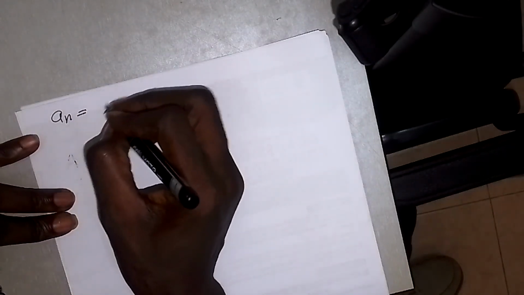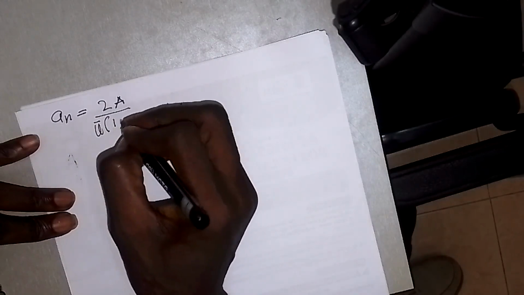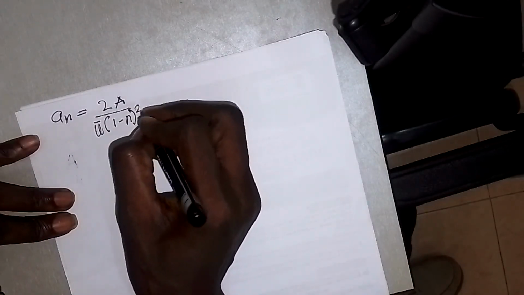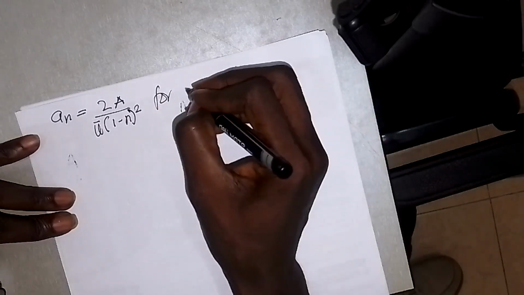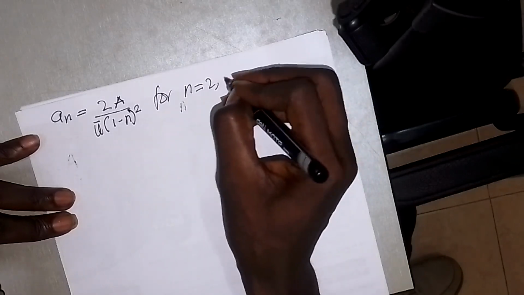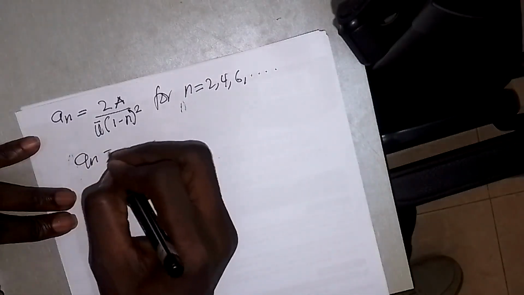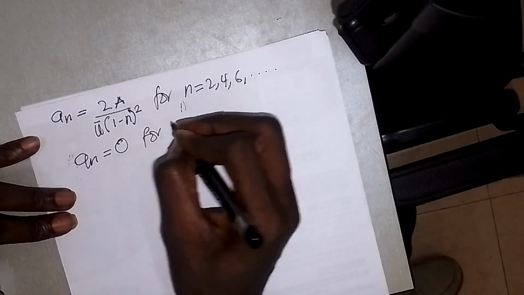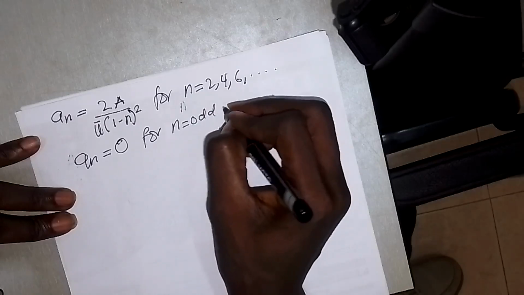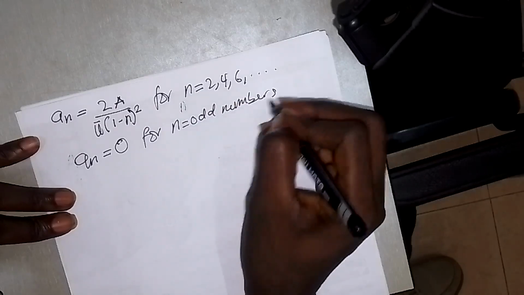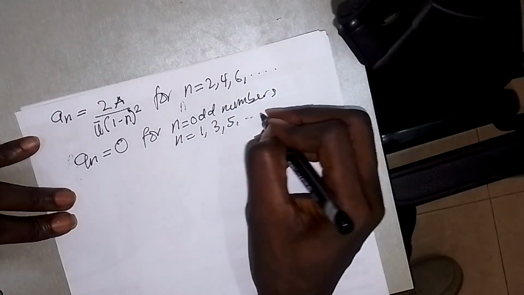An, I got 2a over pi (1 minus n) all squared, for n equals 2, 4, 6, on and on. And an is equal to 0 for n equals odd numbers, that is n equals 1, 3, 5, and on and on.